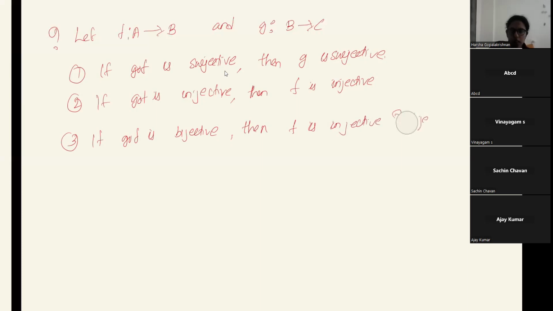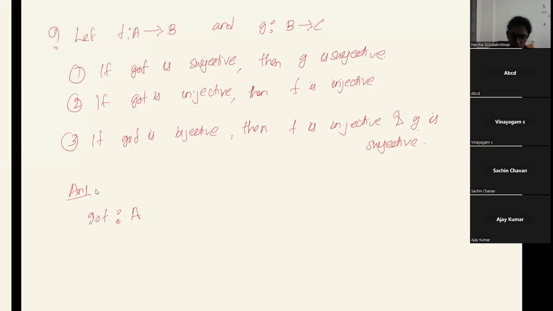G composite F will be defined from where to where? What will be the domain of G composite F? F is from A to B and G from B to C. First F is operating.